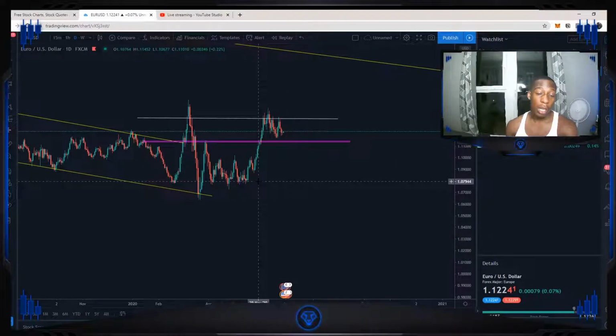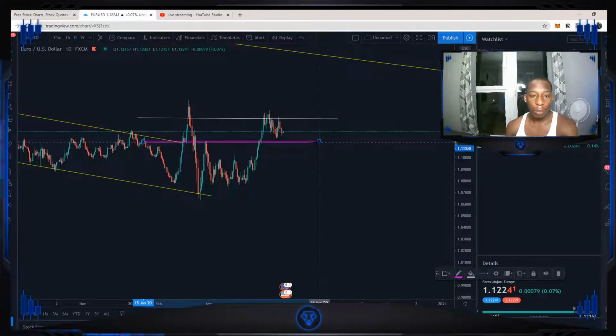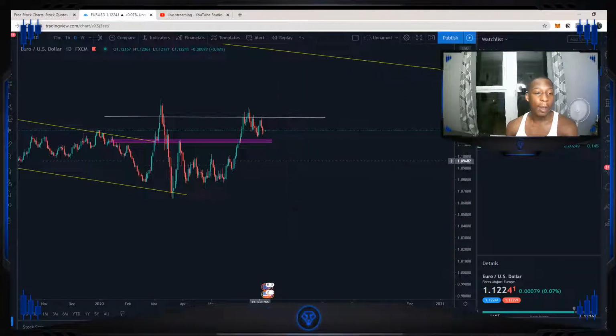In this case, we see a massive bullish move to the upside, and now we're seeing a corrective move back to the downside. So I'm looking for it to touch towards this support level before taking it for a long. That's why I've done this little zone, because this is where most of the support is.